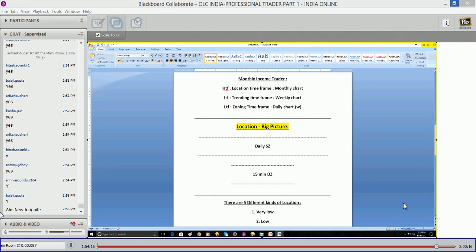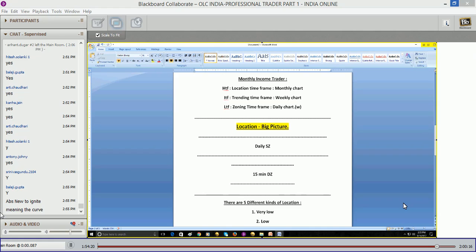How many of you are absolutely new in learning the concept of location for the first time? Balaji says 1. How about the rest of y'all? Okay, I'm not getting any replies. Okay, how many of you are learning it not for the first time? Because only I'm getting a yes from Balaji.